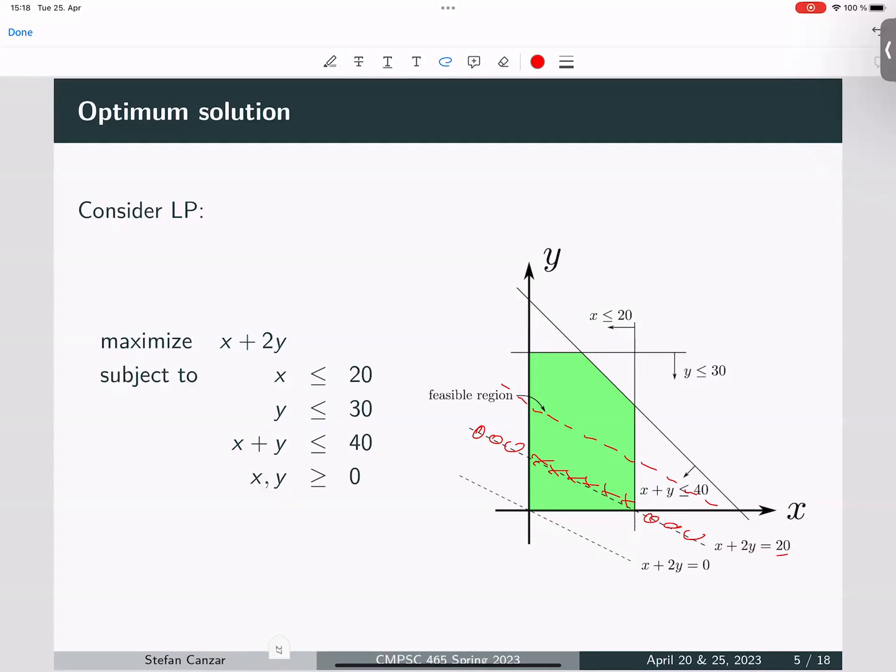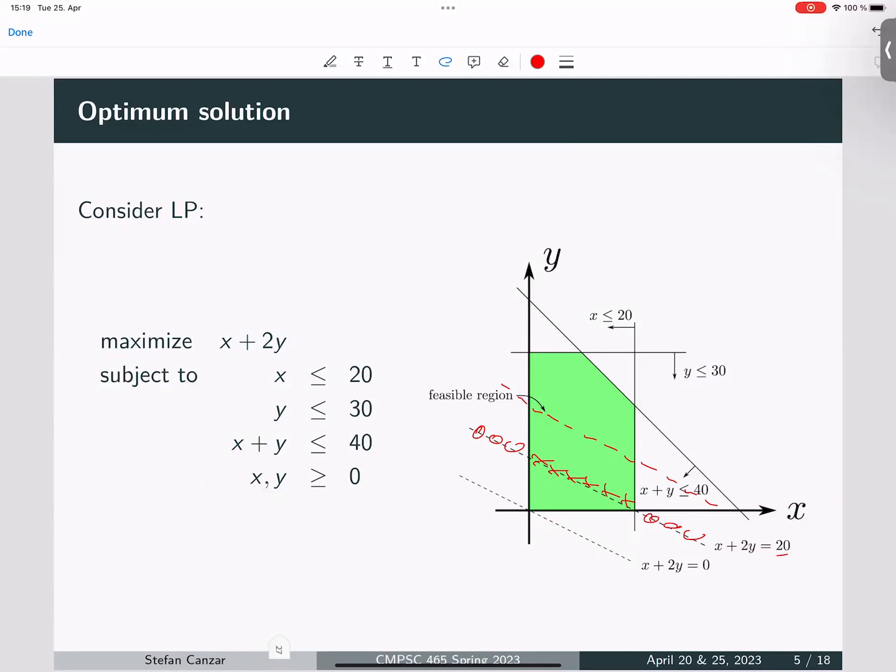Every one could be our candidate. So conceptually we could plug every point into this function and take the one that has maximum value. So that has nothing to do with the area of the feasible region. In this particular example, taking the maximum means that you want to move this line with this slope as far up as you can without leaving the feasible region. And as you said correctly, this would happen once you're touching this point.